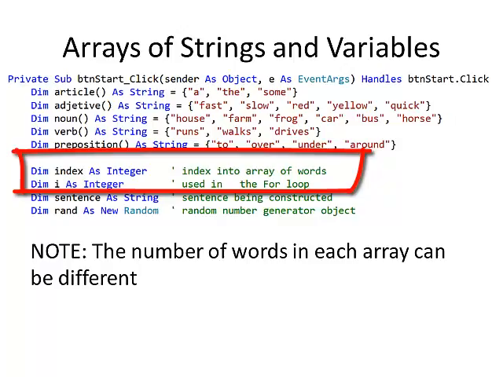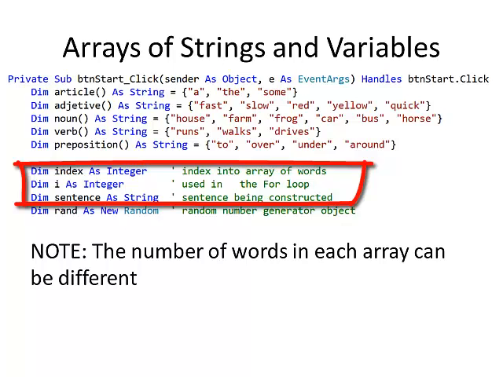That way, I can choose a different word each time in the array. I'll use the variable I for my loop counter. Sentence is a string. This is where I'm going to build all the words into a sentence. And then once I have a full sentence built, I'll stick it into the label or into the list box.